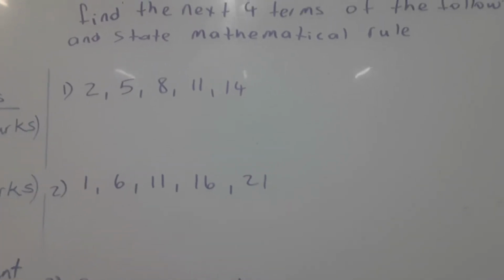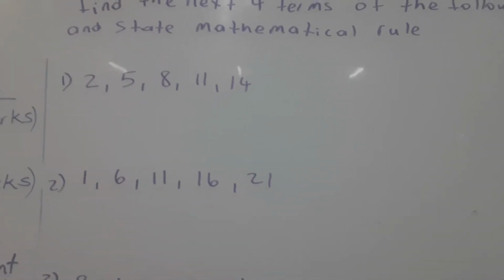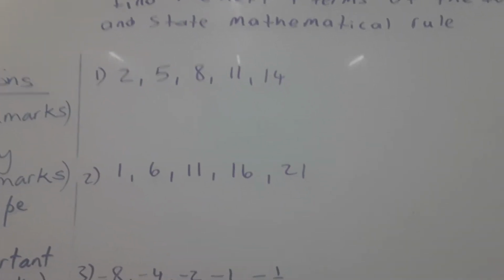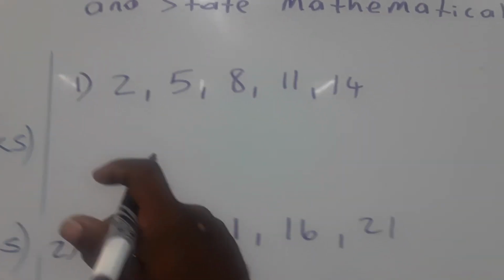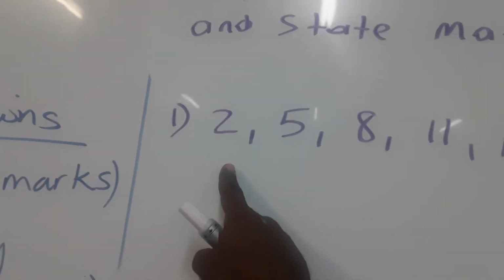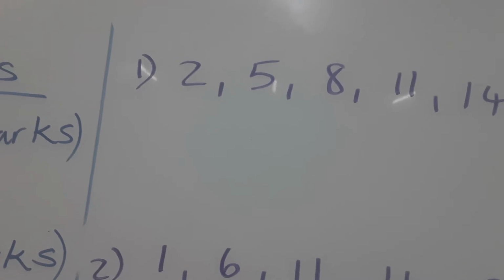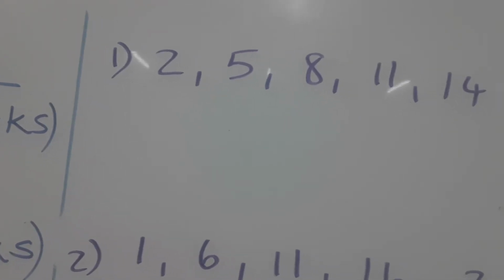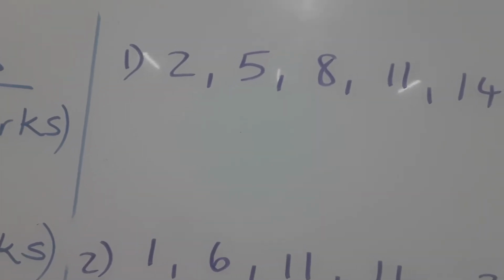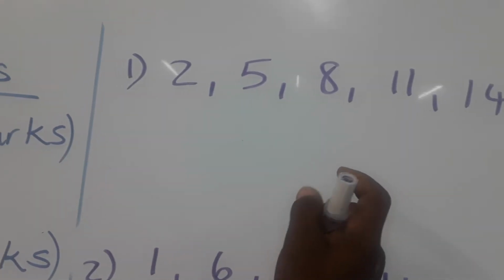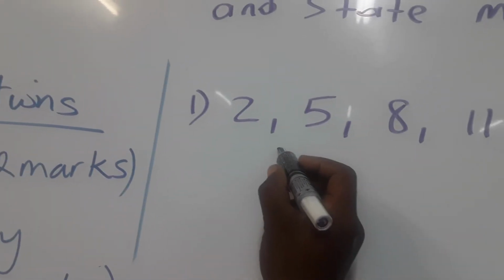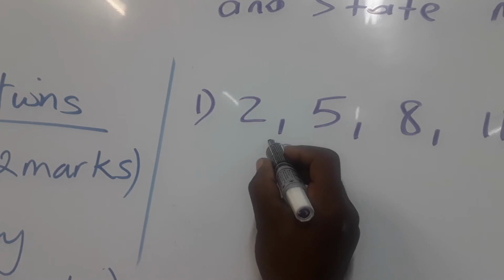However, what we are going to do is look at the numbers, the first and the second term. We see a 2 and a 5. We can look between those numbers and see what the difference is between the first term and the second term. We realize that there's an addition of 3.